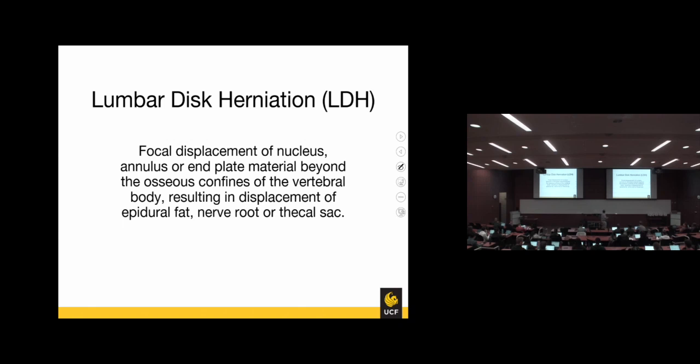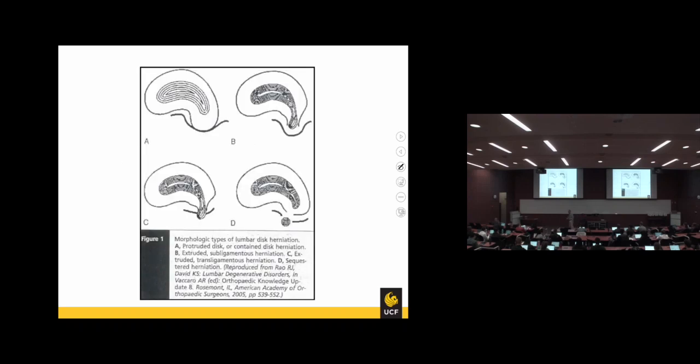Then a lumbar disc herniation is a focal displacement of a nucleus, annulus, or the end plate material beyond the osseous confines of the vertebral body, which results in displacement of epidural fat, nerve root, thecal sac. It can also happen in the front of the spine as opposed to the back where the canal is. So while this definition is the most common, you do need to look for it in other areas.